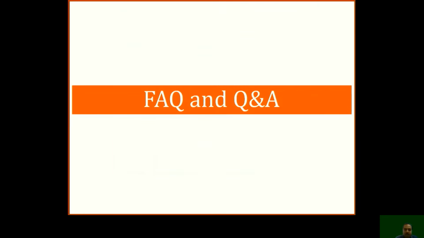So at last we will be discussing few questions related to this particular experiment. So now let us have few questions which are related to the solar cell experiment, which are frequently asked by many students. So the first question is, what is the need of a PN junction for the photovoltaic effect that we observe in the solar cell?